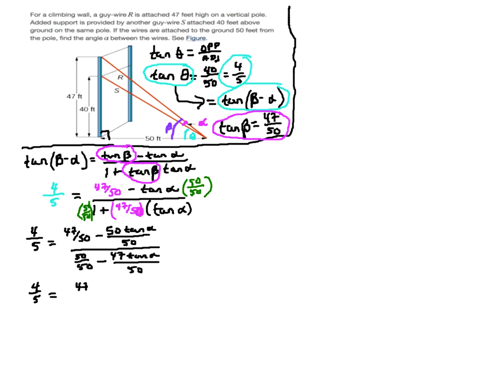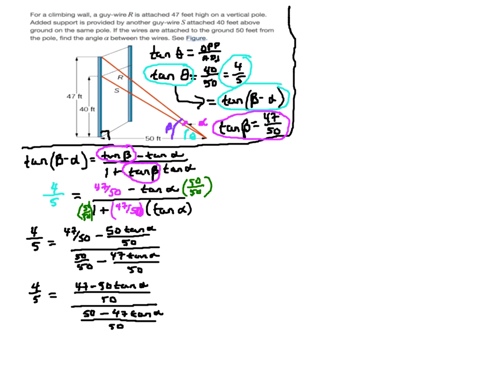So this is 47 minus 50 tangent alpha divided by 50, big divided by 50 minus 47 tangent alpha divided by 50.